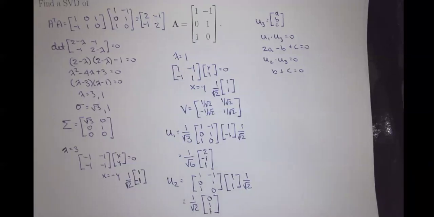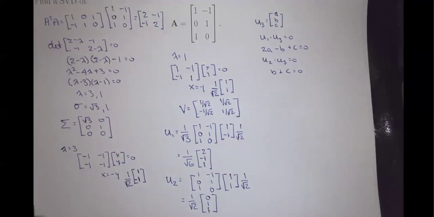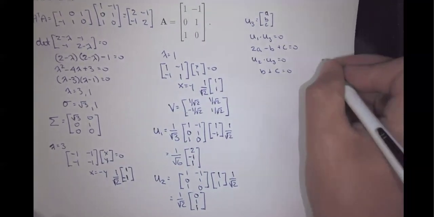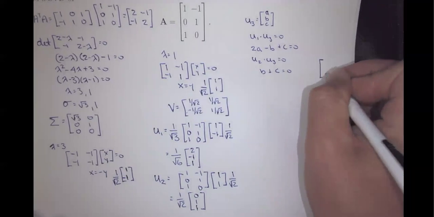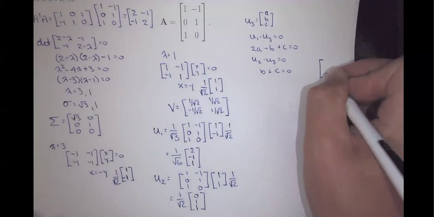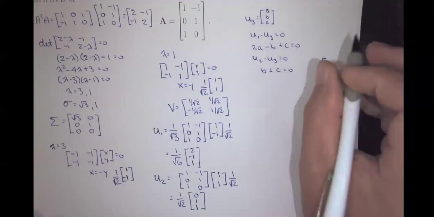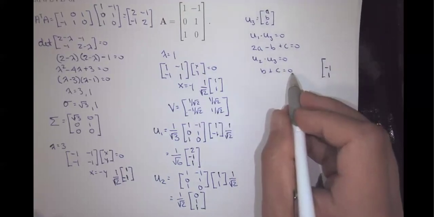We can just go ahead and take any vector we want in this direction because we need to normalize it anyway. So if we take C equal to 1, B has to be negative 1, and we get B plus C equals 0.